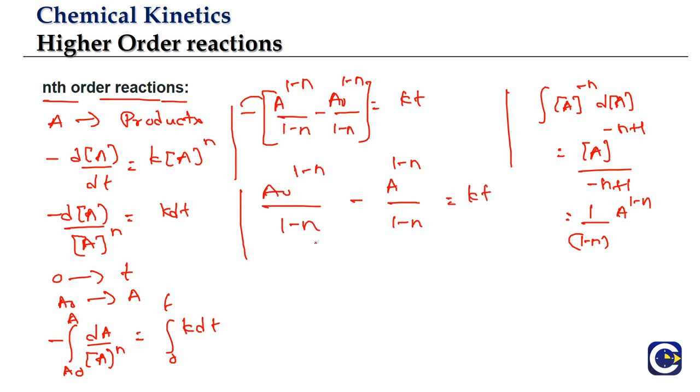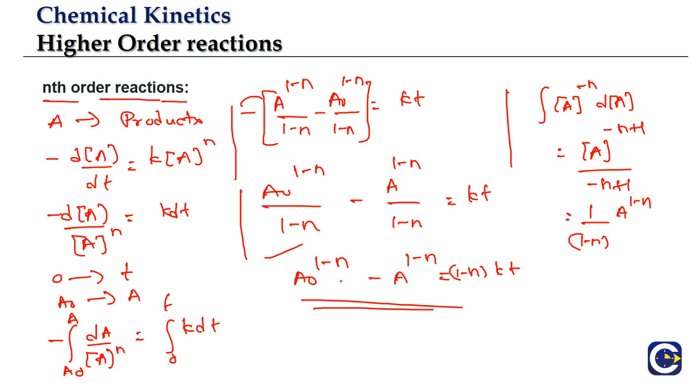So we can take the 1 minus n common out, and take it to the RHS, what we will have is a naught power 1 minus n minus a power 1 minus n is equal to 1 minus n into kt. So this is the general nth order integrated rate expression.